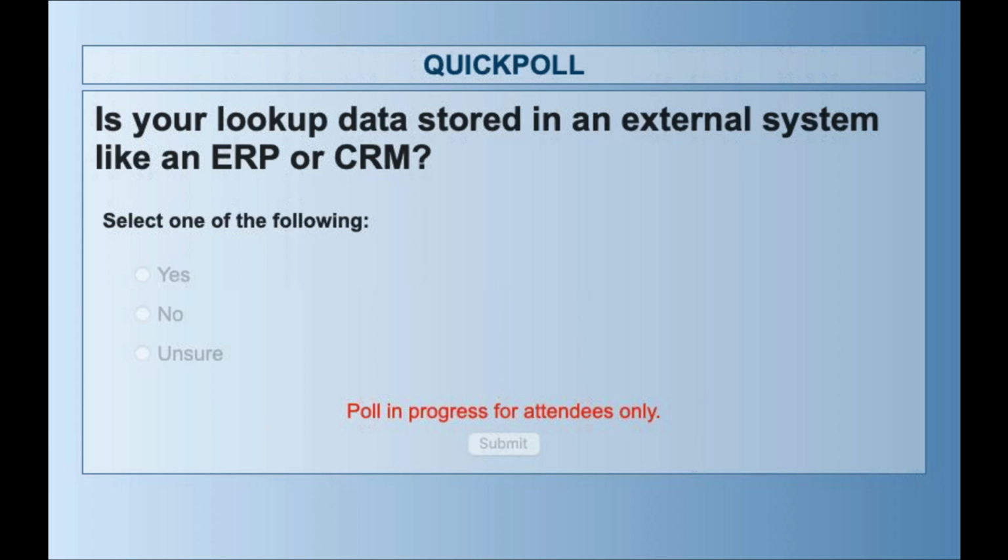Maybe you have stuff stored in like Salesforce, or even some sort of internal platform that you use. It's been my experience that for a lot of customers, this information is already existing somewhere else. And so I just wanted to ask this question. I'm honestly just curious to see where the distribution is with our attendees.